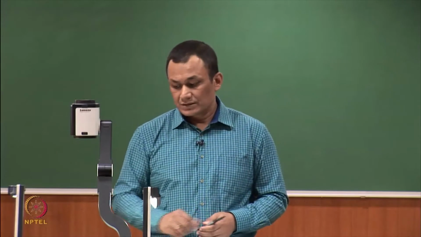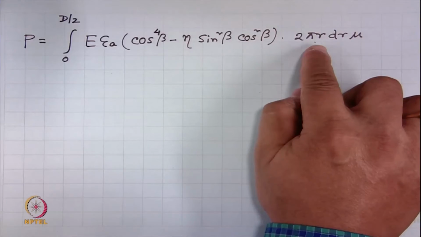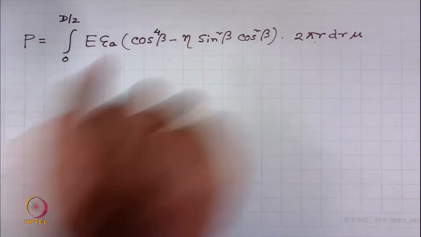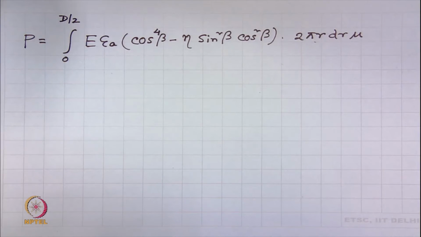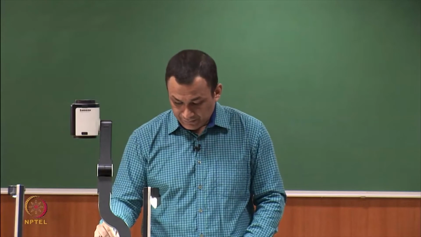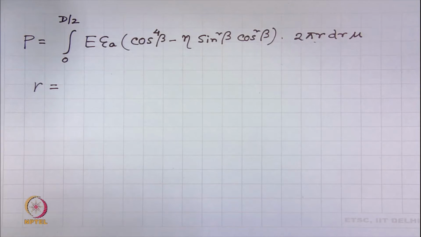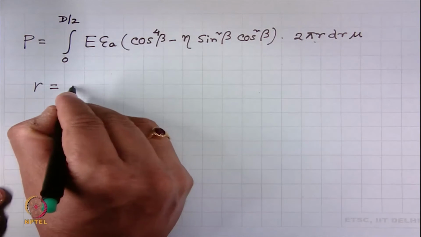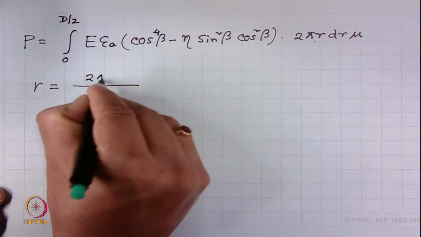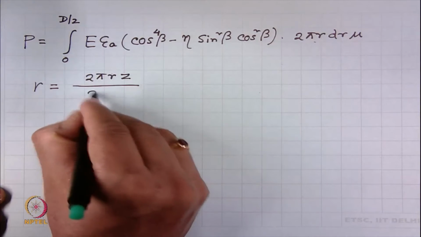So, let us convert this r to beta. How do we do that? What is r? r can be written as 2 pi r z by 2 pi z.